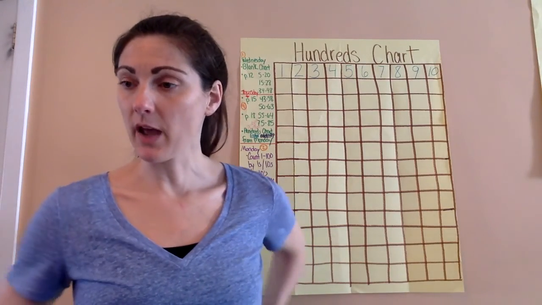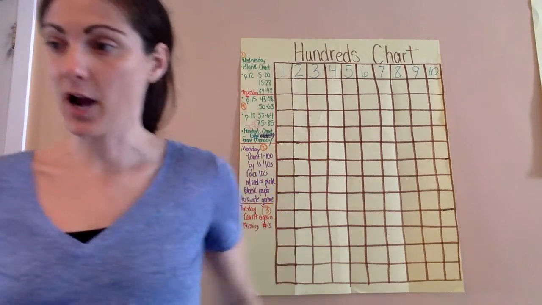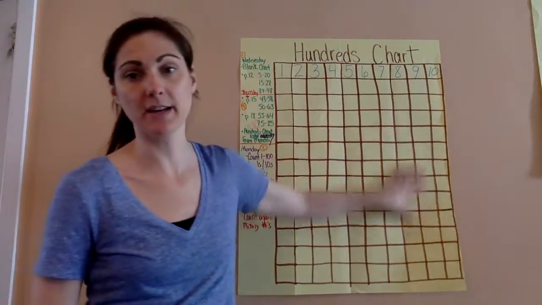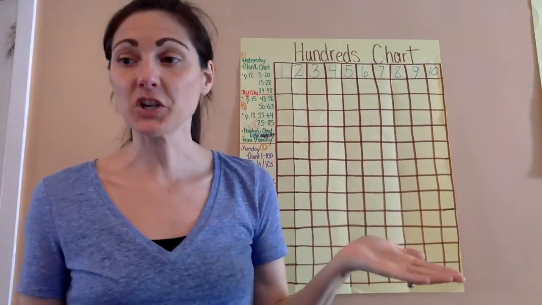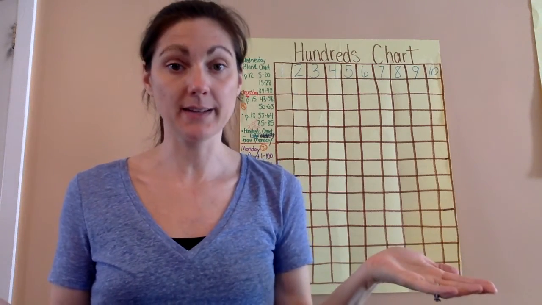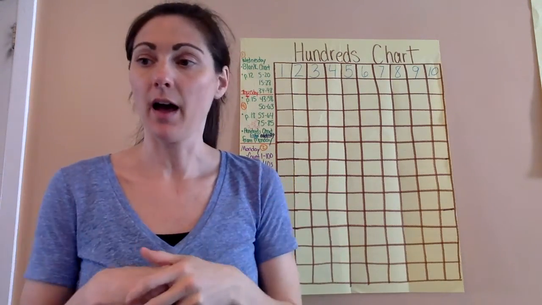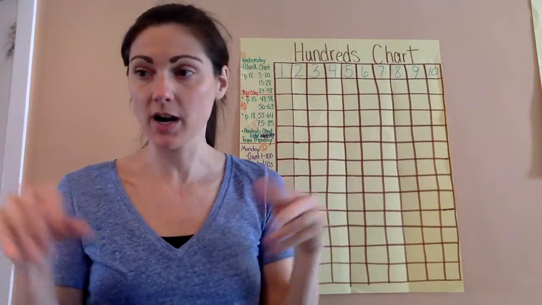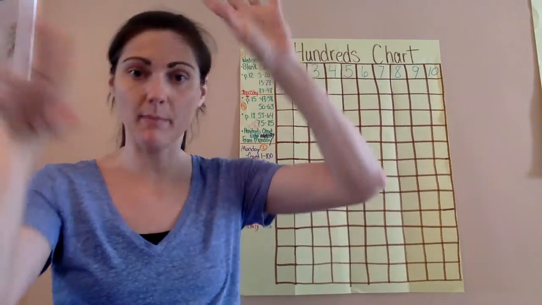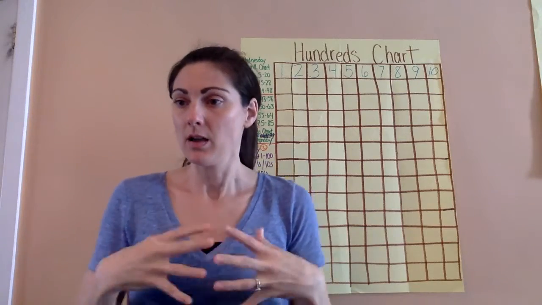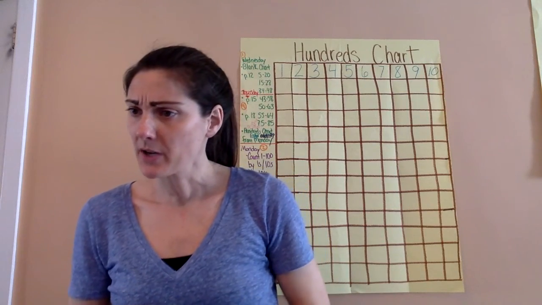And then also the other one you would want is the blank hundreds chart, very similar to this, except it doesn't have any numbers written in yet. I cannot show you what page 12 looks like because I myself am out of printer ink. But it is a hundreds chart, and I think at the top it says, count from this number to that number. Okay, so those two items are needed for today.